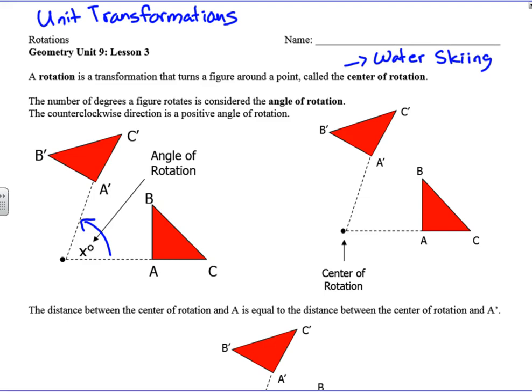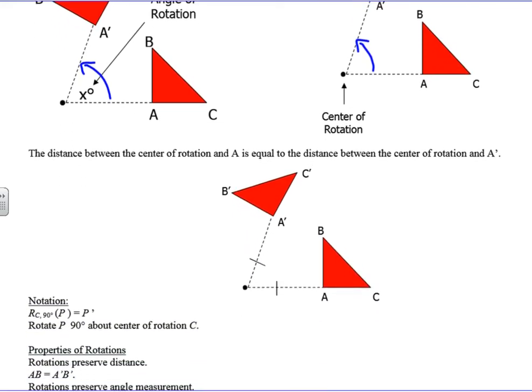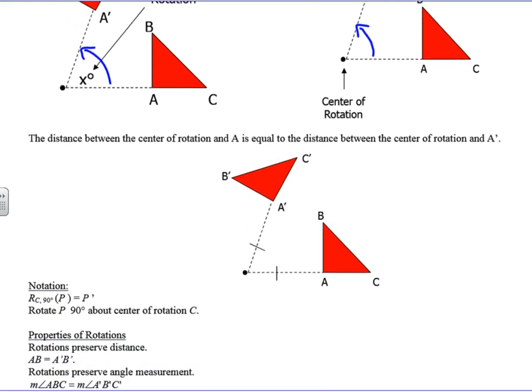So you'll notice here that you've got the center of rotation again, and every point is being rotated in that way. A couple things that we can observe about this: the distance between the center of rotation and A is equal to the distance between the center of rotation and A prime.